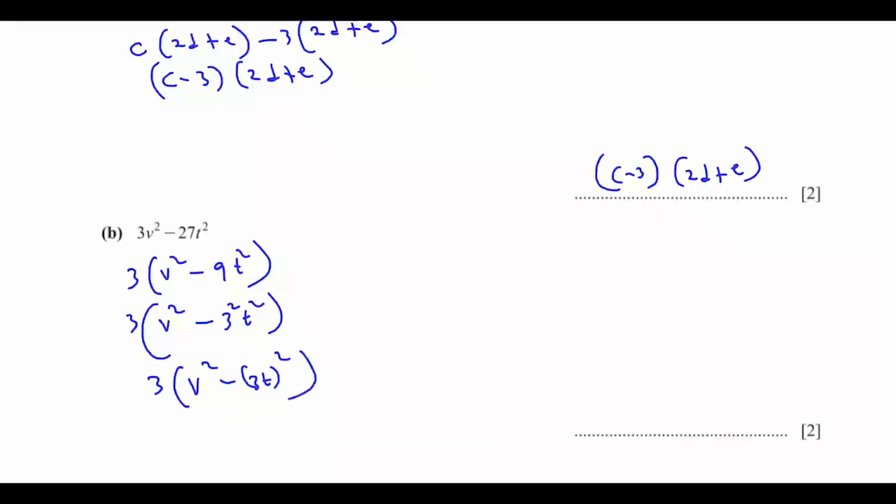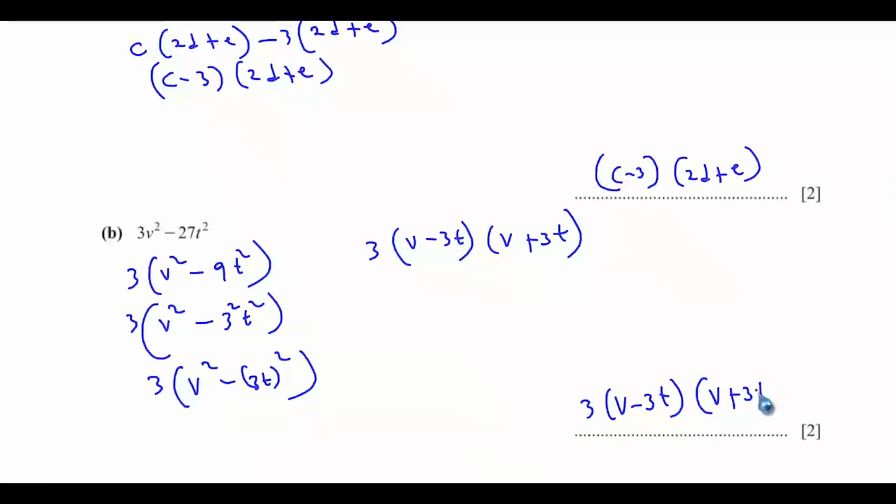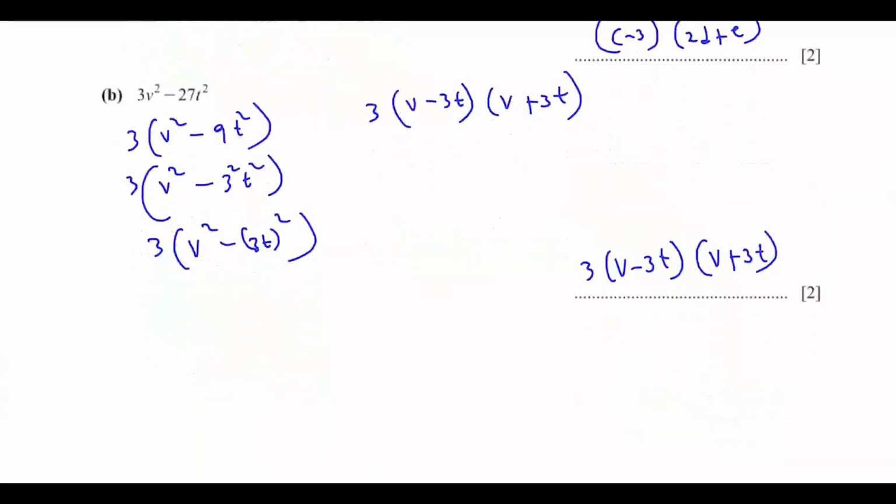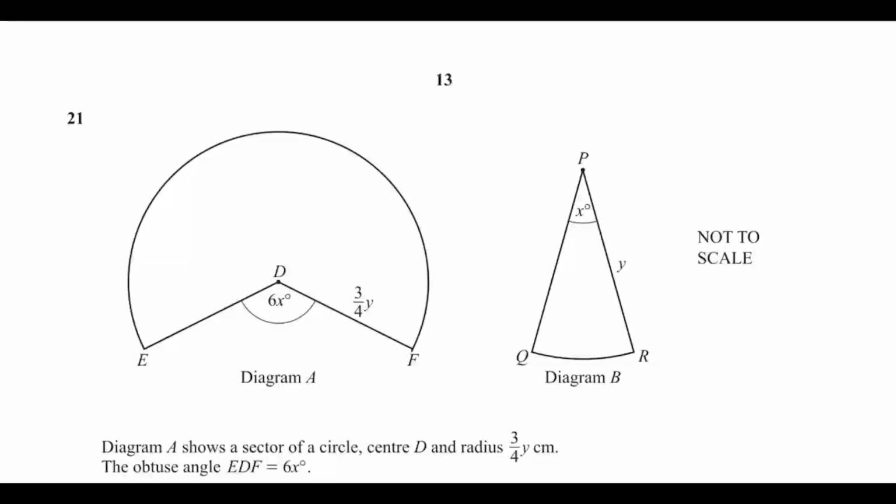So now we have a difference of 2 squares. So our answer will be 3 into V minus 3T, then V plus 3T. So let's go to the next question. So that will be question 21.